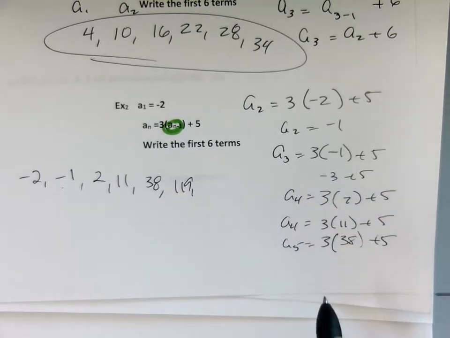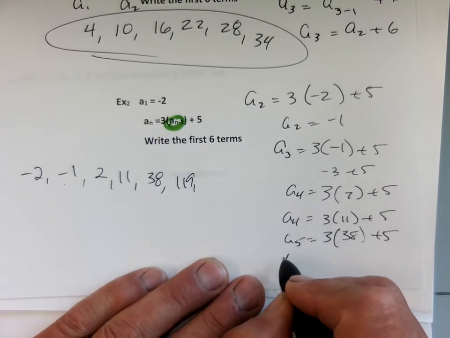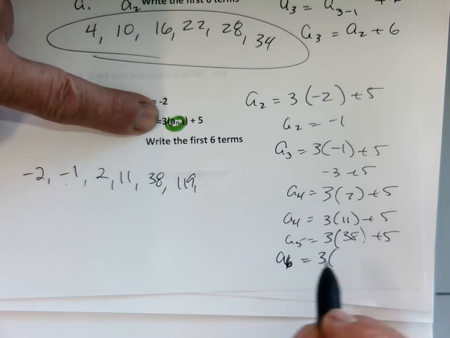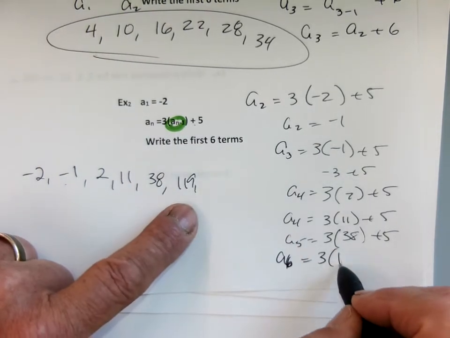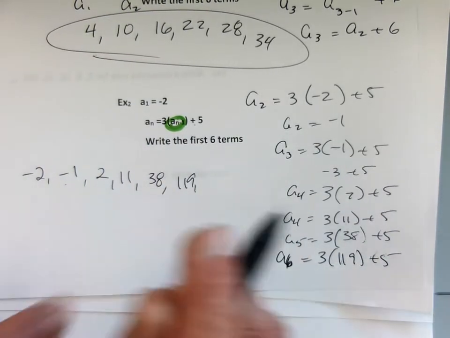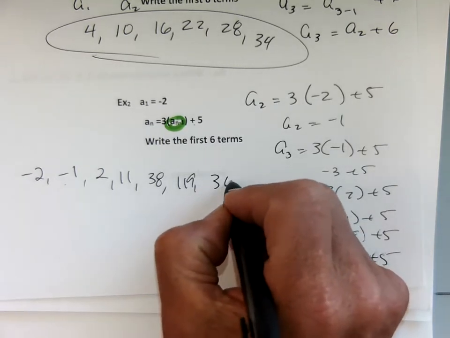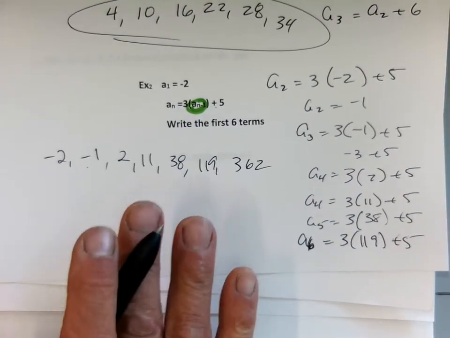And now if I want to make the sixth term, A6, I take 3 in this formula, 3 times my previous term, which is my 119, plus 5. 3 times 119 plus 5, and I get 362. Okay, thumbs up. Am I making sense on this?